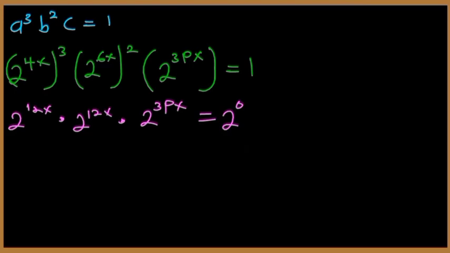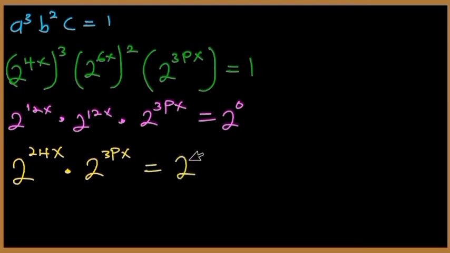So here we apply the multiplication rule. I can multiply this one, then add the exponent. So I'll have my 2 to the power 24x multiplying my 2 to the power 3px equals my 2 to the power 0.